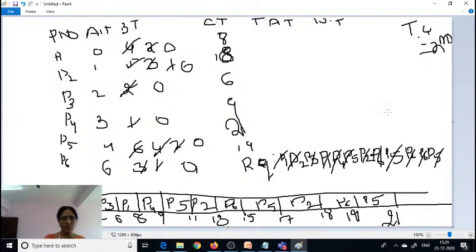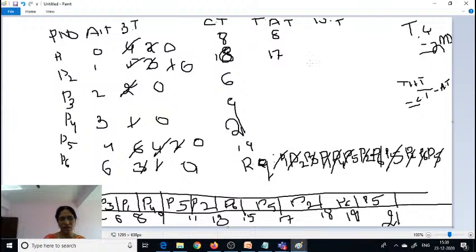Now, what is the formula for turnaround time? Turnaround time equals completion time minus arrival time. For P1, the completion time is 8, 8 minus 0 is 8. For P2, 18 minus 1, that is 17.